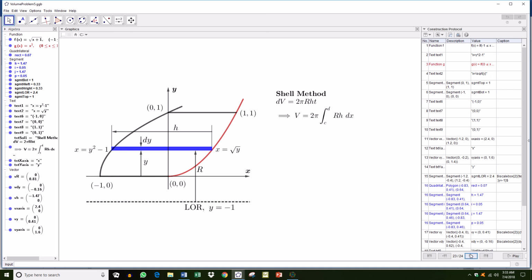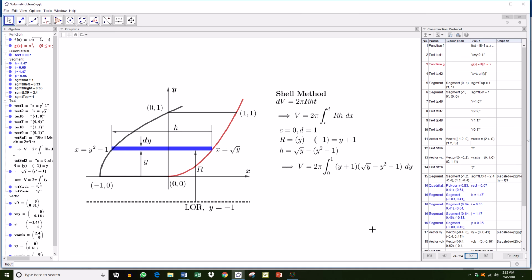C is 0. What exactly is C here? The y value at the bottommost point, because we are integrating along the y direction, we need to pick the interval: the bottom point of the interval is y equals 0, and the top of the interval is y equals 1. So those are C and D. C is 0, D is 1.